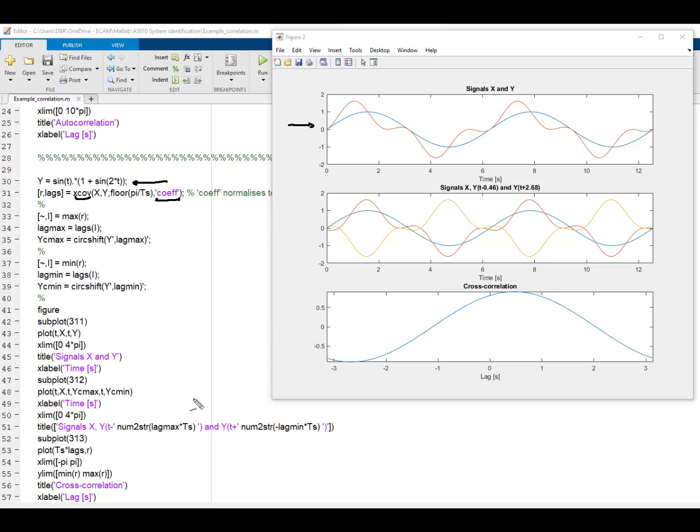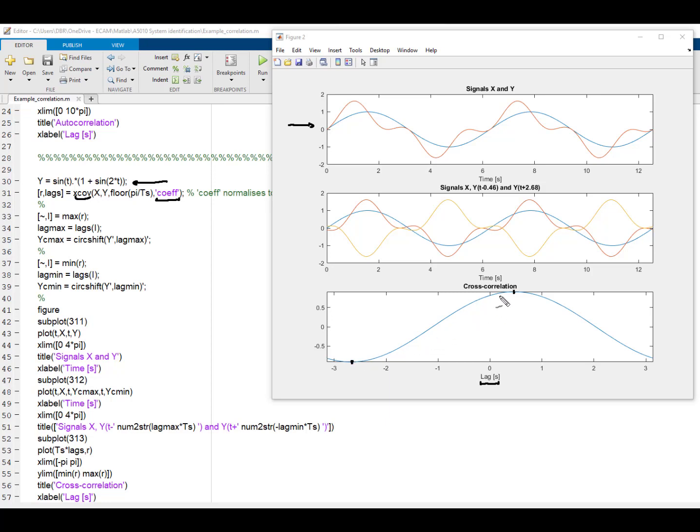Okay, so we can have a look. This is what is done over here in this third plot. Again, we normalize everything with respect to the sampling period so that the lags here are expressed in seconds. We see that the cross-correlation is maximum over here and it's minimum over here.